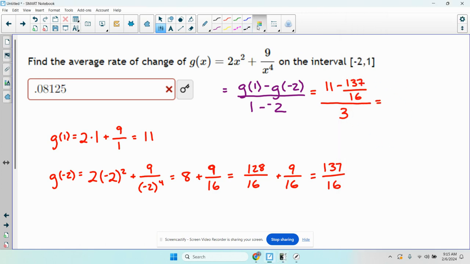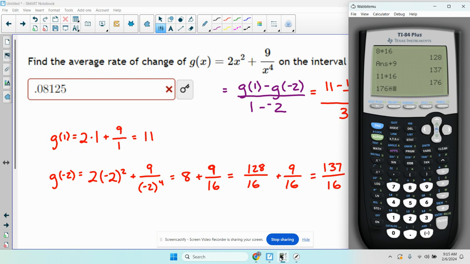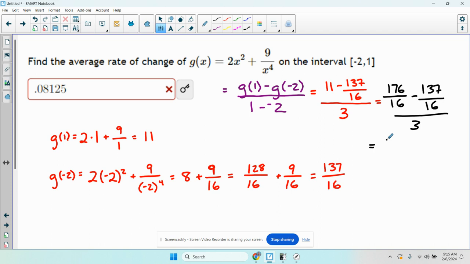So 176 sixteenths minus 137 sixteenths, all over 3. 176 minus 137 is 39. So I get 39 over 16 over 3.